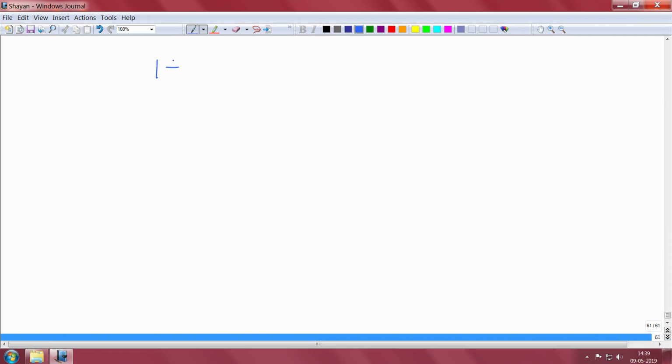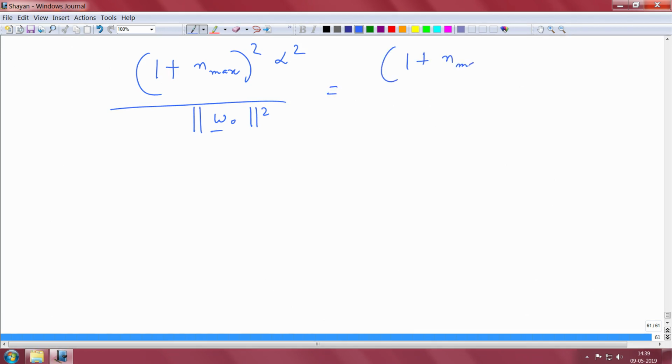So, 1 plus n max square times alpha square upon norm of w 0 square must be equal to 1 plus n max times beta. So, you can figure out that n max has to be beta upon alpha square norm w 0 square minus 1. So, you may be wondering, this has to be an iteration.